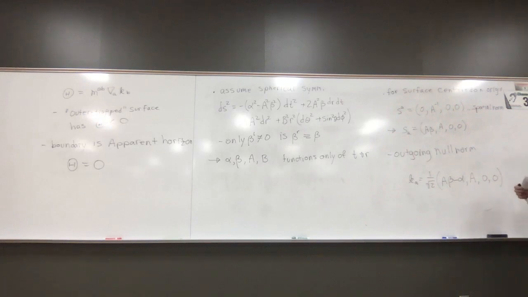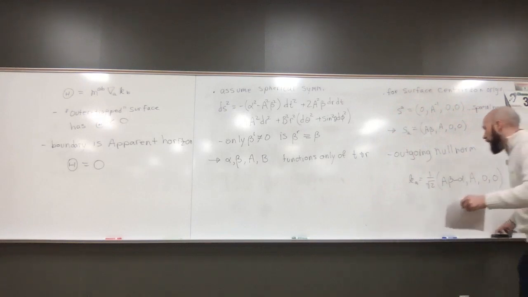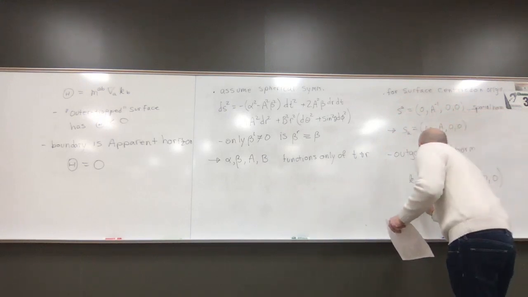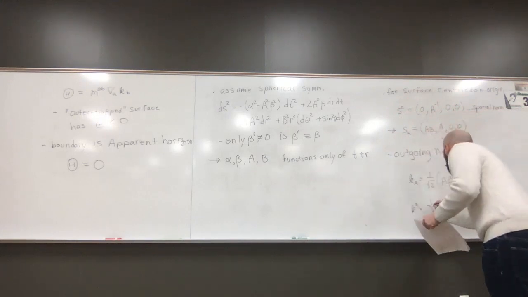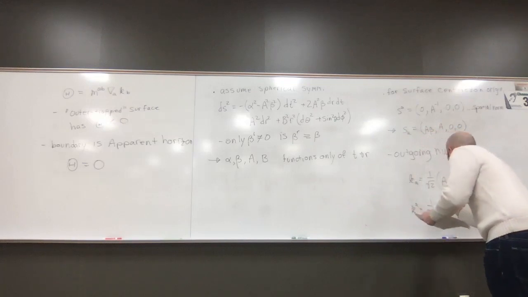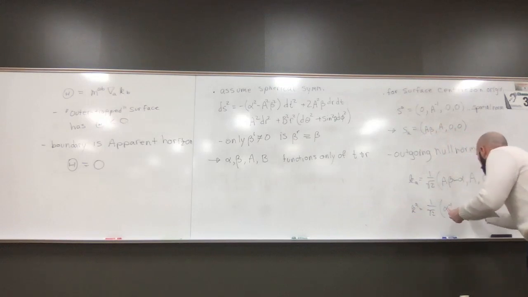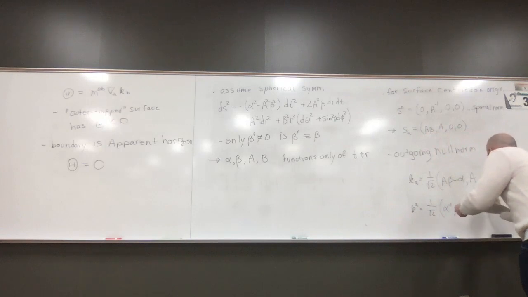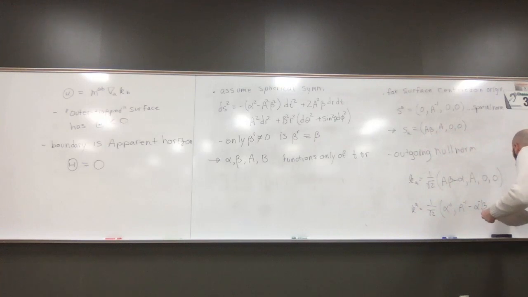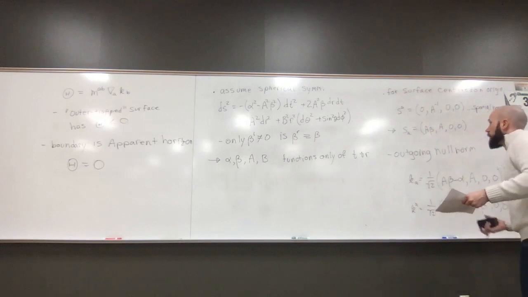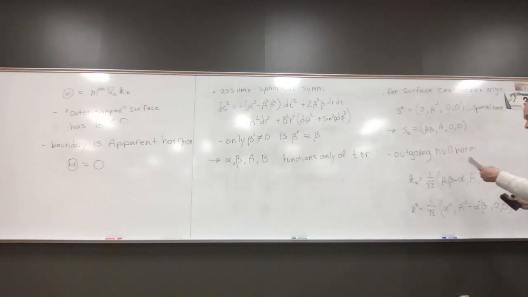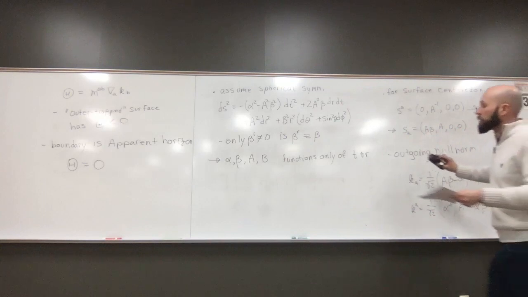Again, this is all just plugging through the equations that we had. Raising an index on that using MAB is going to be 1 over square root of 2 times the inverse of the lapse times 1 over A minus alpha to the minus 1 times beta, the shift, and then 0, 0 in the angular components. And then from this, I'd really rather write this over here, but I don't think I have space.